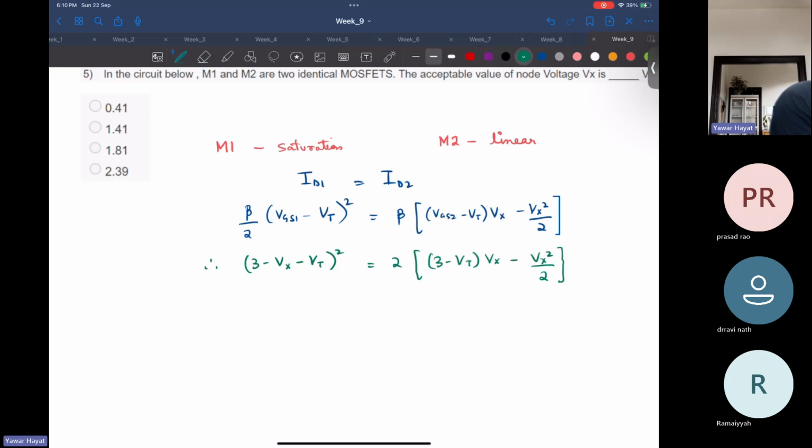I would encourage you all to try. So we put Vx equal to 0.41 volts, and it turns out I'll get VT as roughly 1 volt, right?